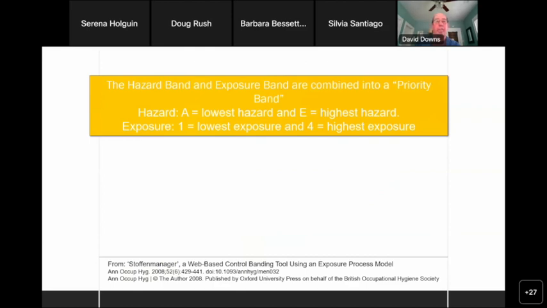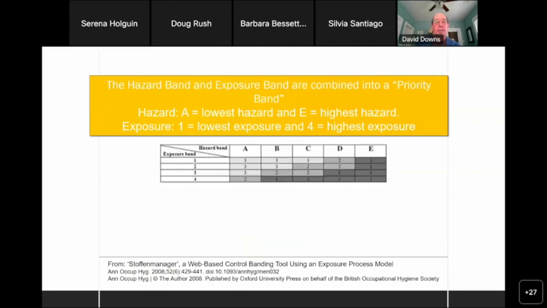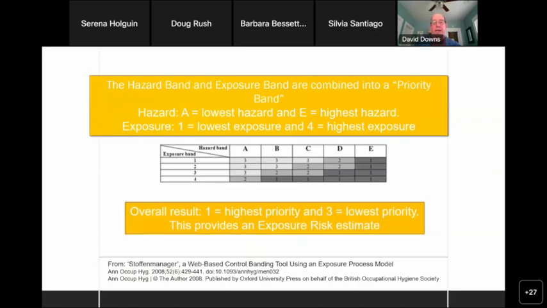So in this chart here, you've got your 4 exposure bands that are established. You've got your 5 hazard bands, and the way that they use this is that they're trying to give you the highest priority in terms of doing further evaluation.